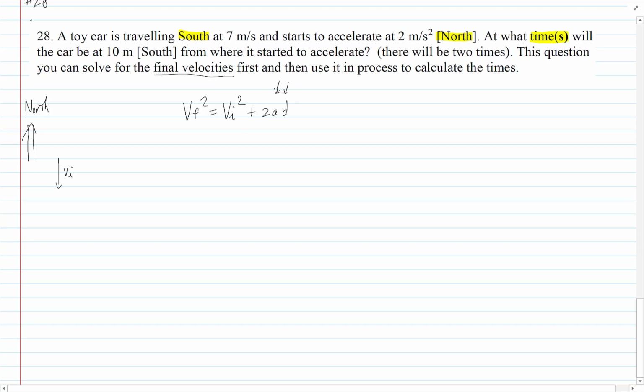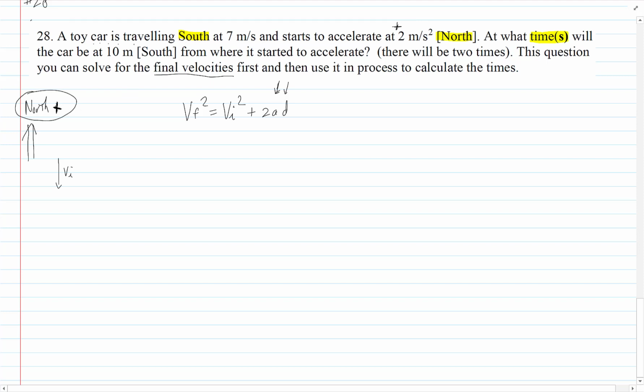We have to put positive or negative into these formulas, so we have to choose. And I always try to do positive for the acceleration. That's just me, but whatever you do, you notify the marker, you notify yourself what you're choosing to be positive.